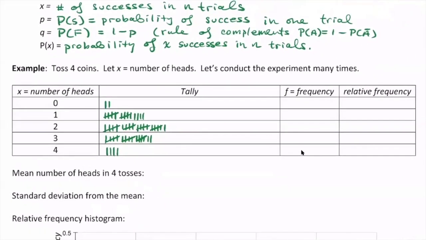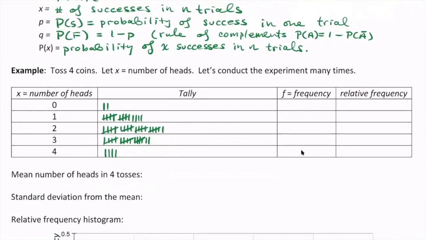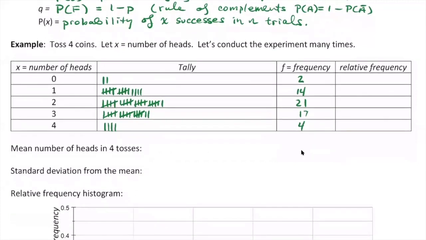And of course, it's pretty close to what we were hoping to see, a bell-shaped distribution. So the frequencies were 2, 14, 21, 17, and then 4. So it's not a perfectly symmetric distribution. It's pretty good. Let's get a total here.